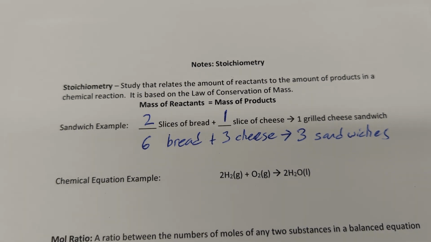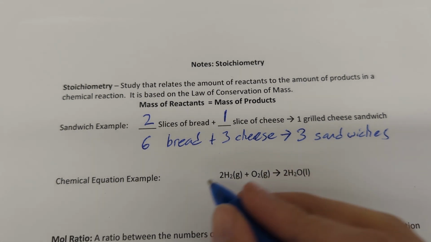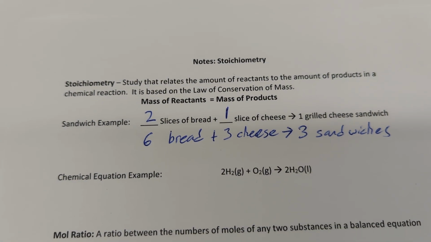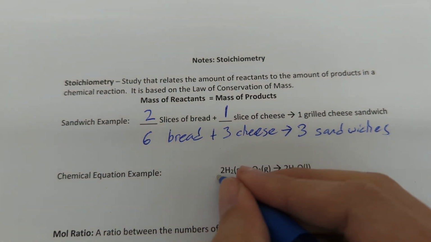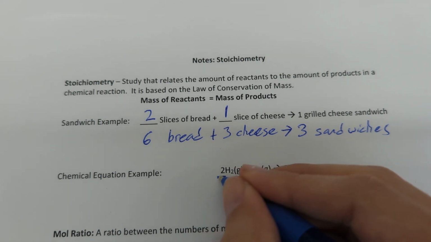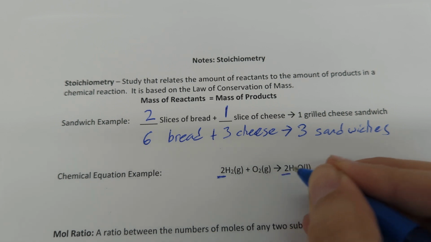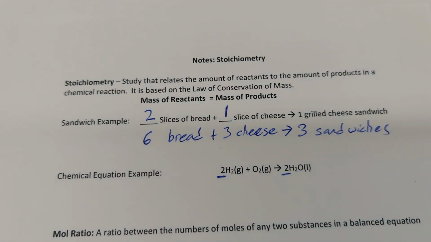If we look at it in a chemical equation, it's going to look a little bit different, but a chemical equation is very similar to a recipe. So we've been talking about coefficients here. We got a 2 there. If there's no coefficient, we assume 1. And we got another 2 over there.